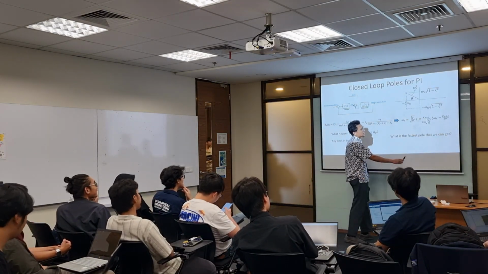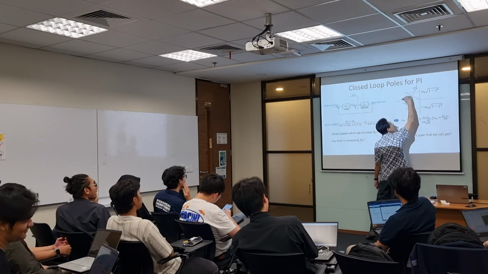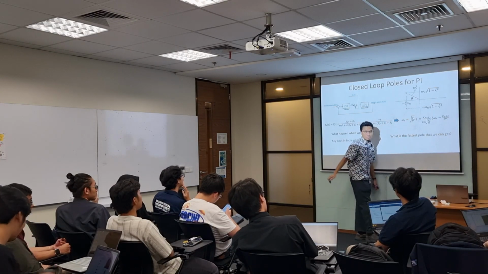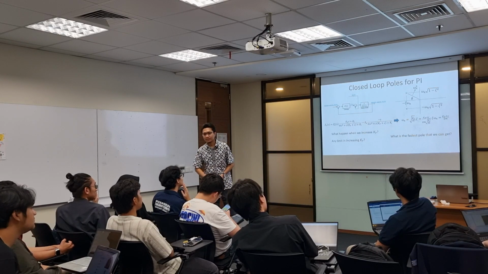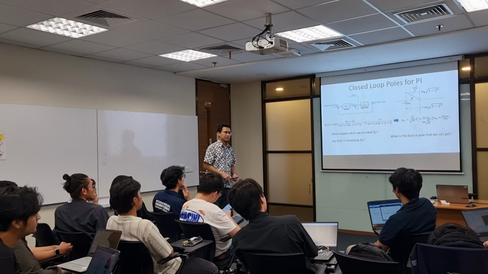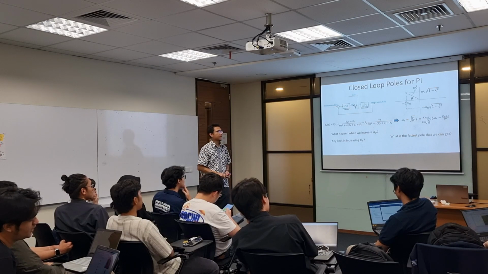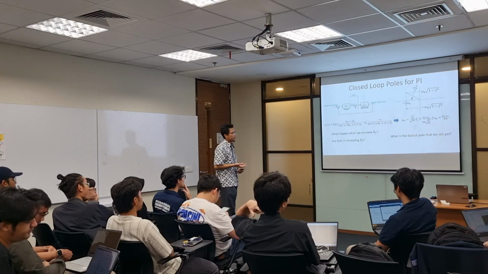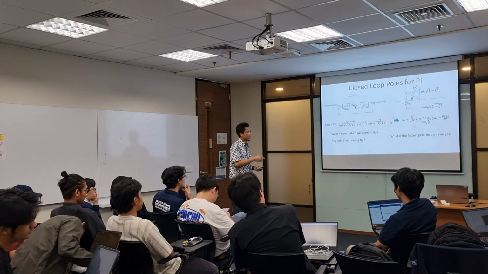So actually, if you make a circle using omega n as the radius, that's where the position of your closed loop poles is when it is underdamped. When it is underdamped, you cannot increase your omega n, unless you change your Ki.